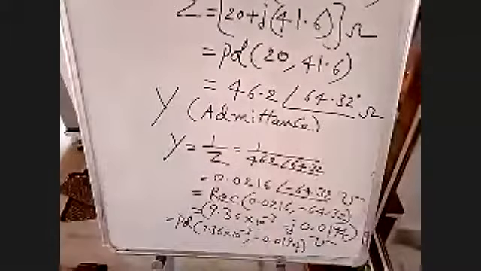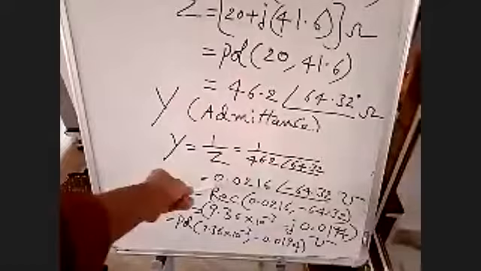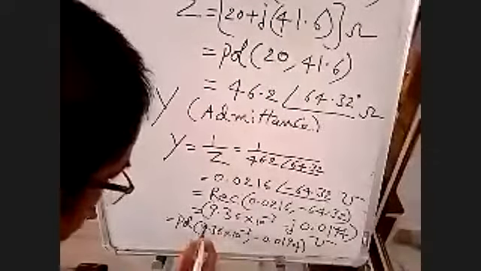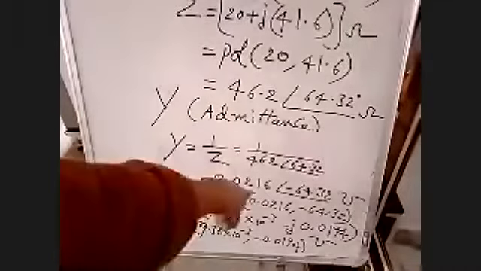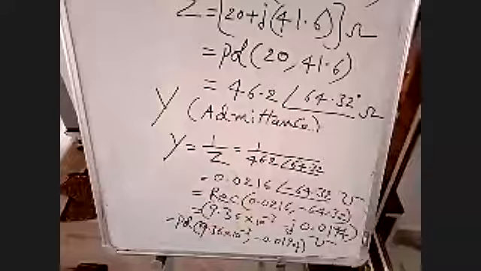Take POL, convert this rectangular to polar, just for verification. If you convert into polar form, you get 0.0216 at an angle of minus 64.32.